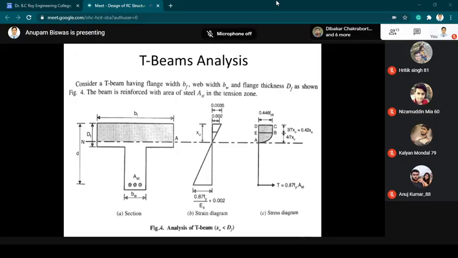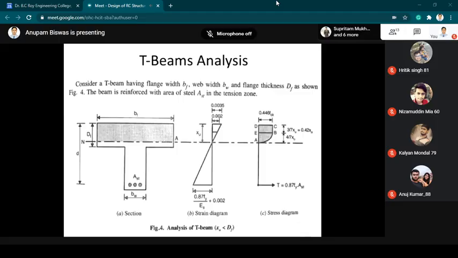While drawing this, and in the exam also, many students make a mistake while drawing the stress or strain diagram. They bring the tension part near the total depth.